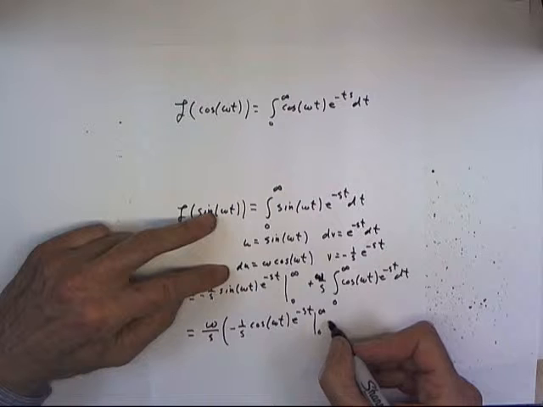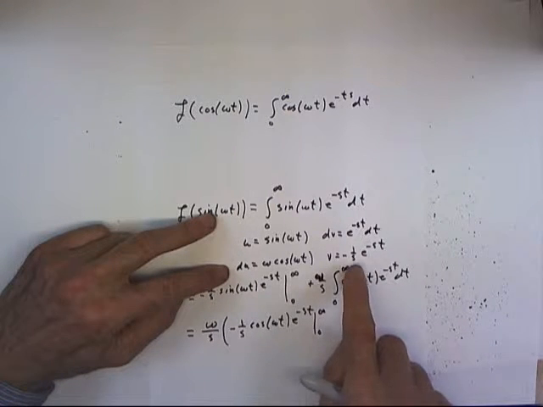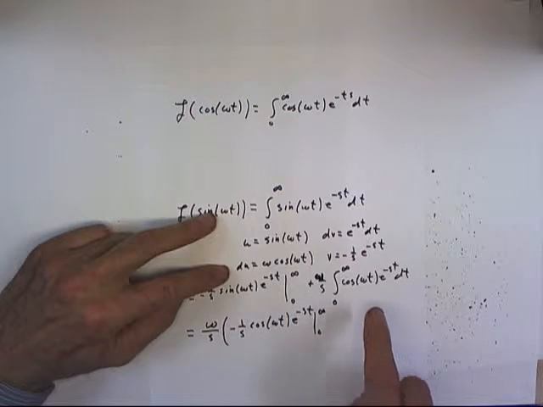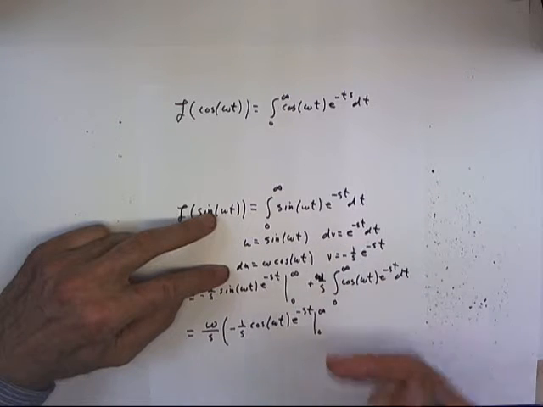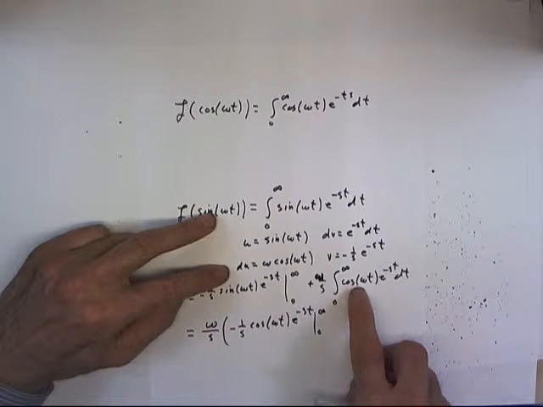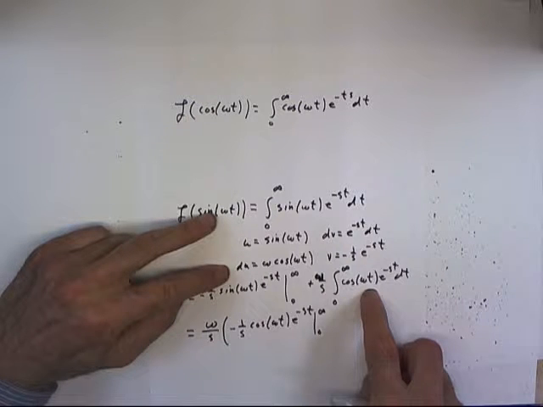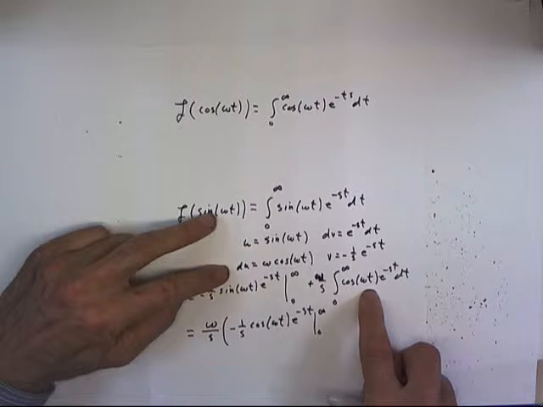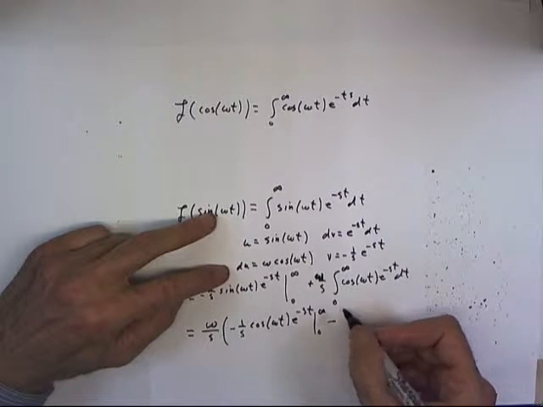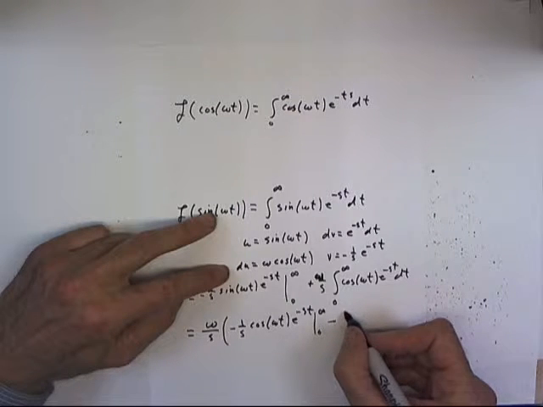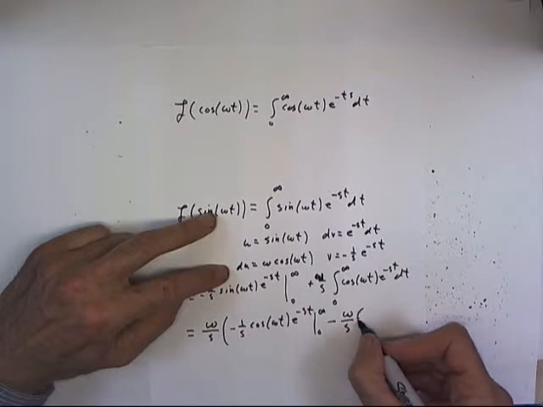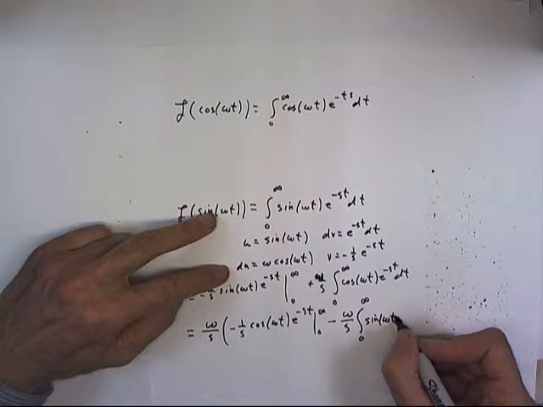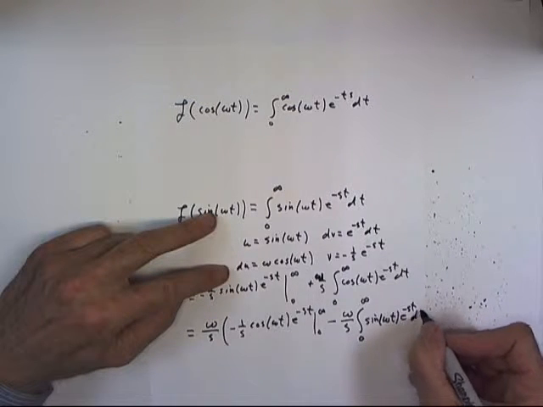And then it's going to be minus the integral of v du. The u is the cosine of omega t, so that the du is negative omega sine of omega t. We're going to end up with minus omega over s times the integral from 0 to infinity of sine omega t e to the negative st dt.